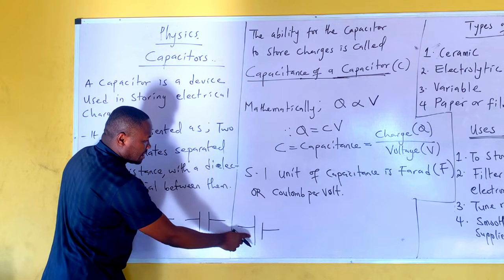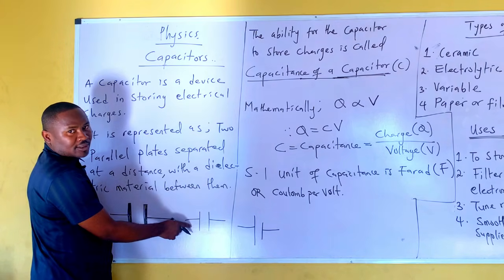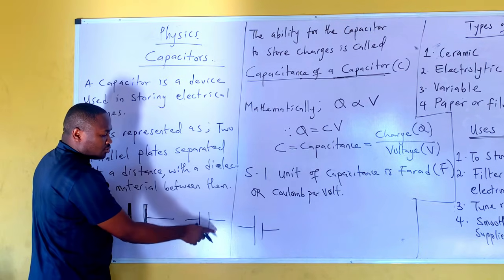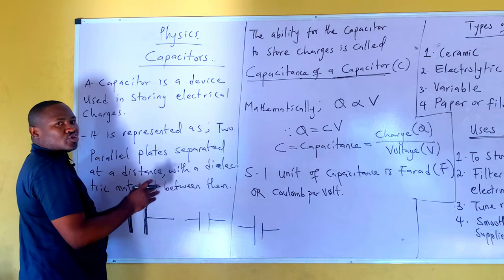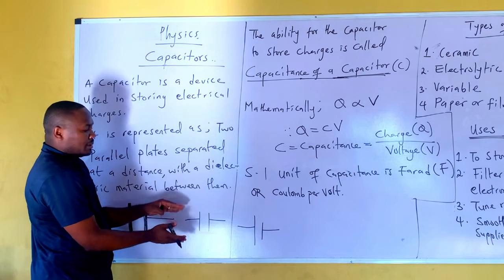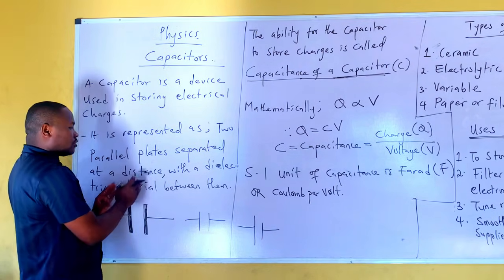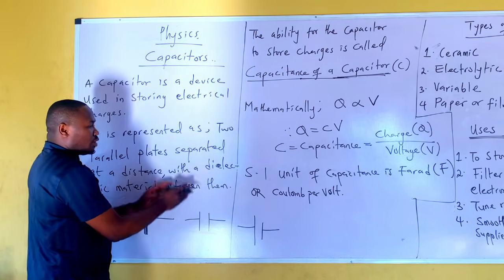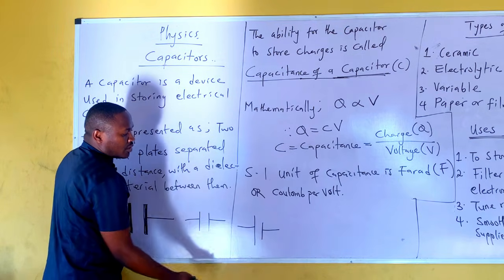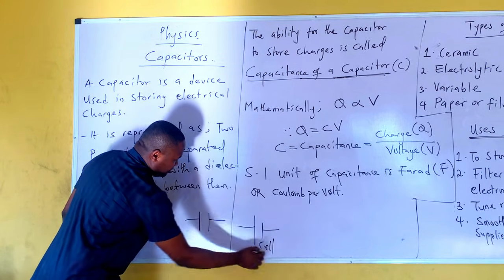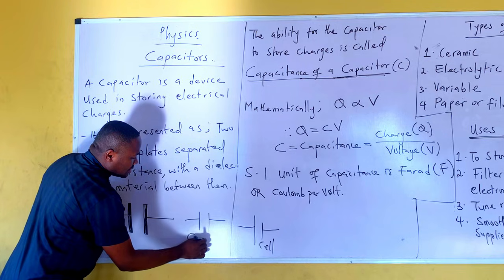This is a cell, but this is a capacitor. Take note of that. The lines must be equal. That's why it's called two equal parallel plates.